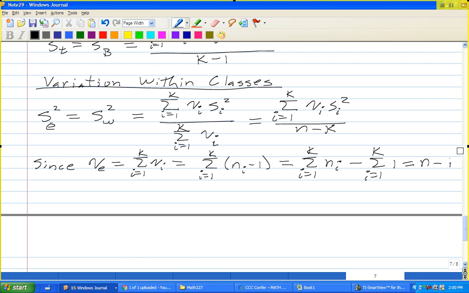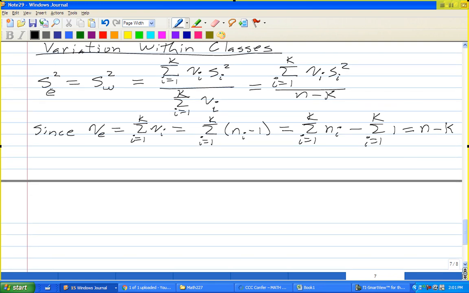And so that's why. Same reason we always got n minus 2 in the case of when we're doing two samples, for looking at the difference of two sample means.